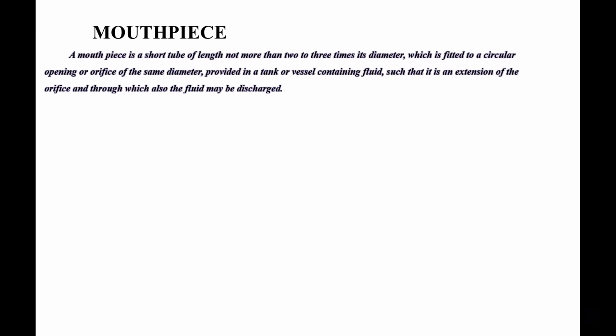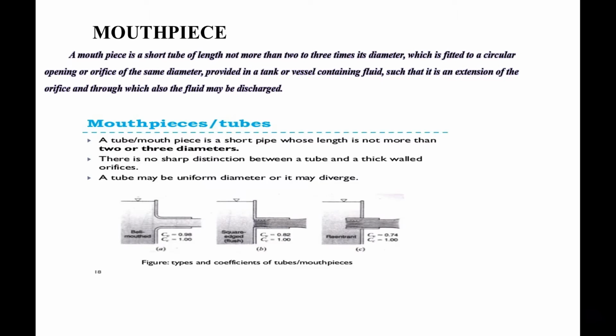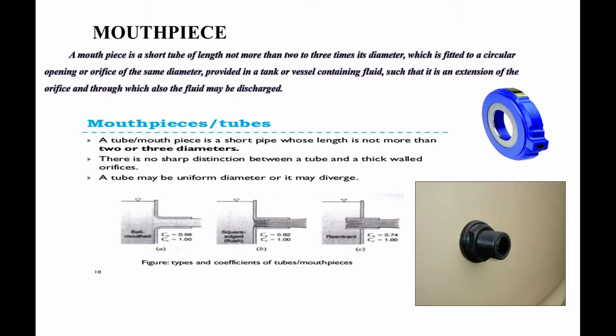So what do you mean by mouthpiece? A mouthpiece is a short tube of length not more than 2 to 3 times its diameter. You can see here this tube represents the mouthpiece. Just look at this tube, it's an extension of the orifice.